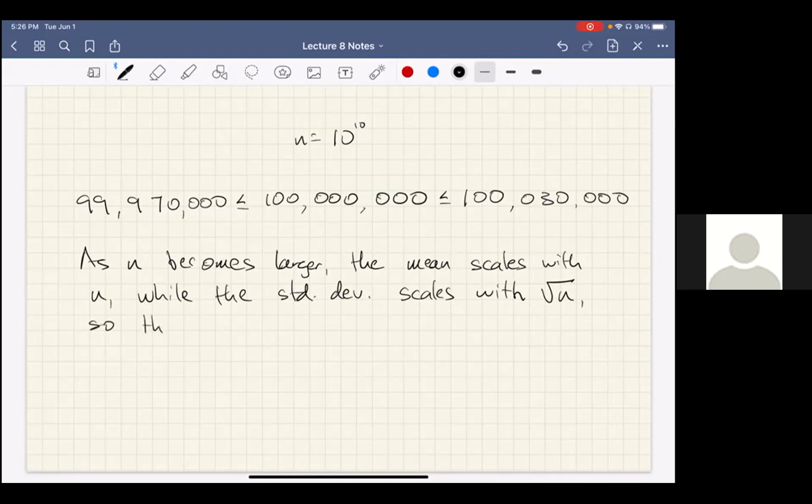So the number of molecules in the receiver is close to the mean. Is very close to the mean.